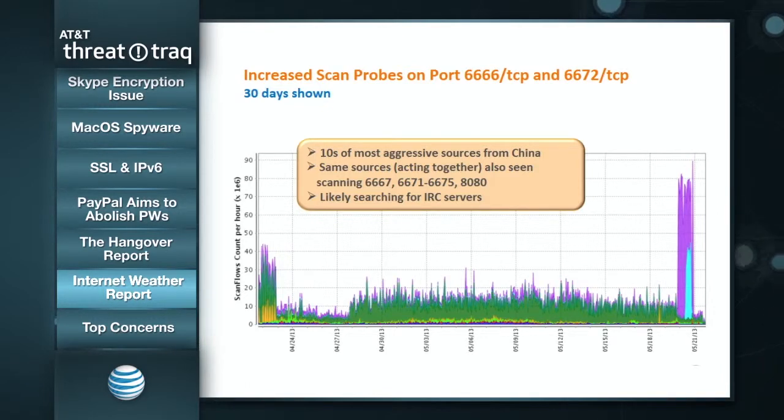And you can see there's a clear, abrupt drop in the port 8080 scanning activity as a very aggressive campaign on port 6666 and 6672 was pursued. So I'm not sure if they perhaps found something that they wanted to dig into a little bit further.